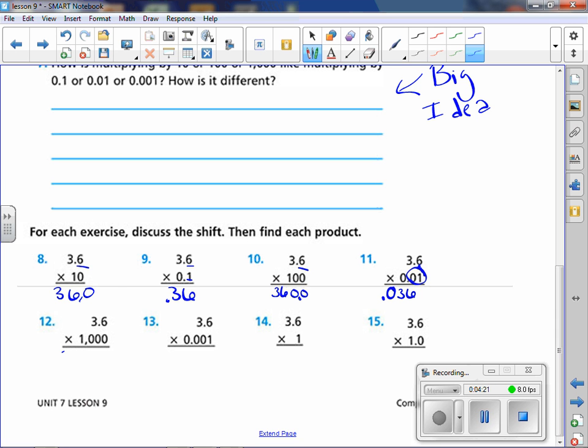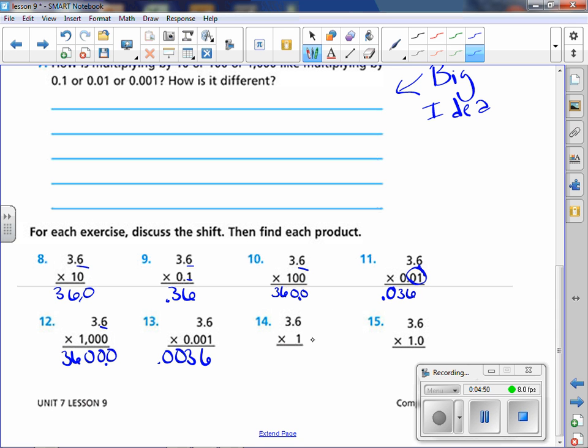I'm going to do 1,000 times 36. Again, I just like to ignore those decimals and not let them bother me and then go back. 1 digit behind the decimal in the factor, so 1 digit in the product. So there we go. Same thing, 36. Okay, and then I'm going to count them again. 3 here with that 1 and 1 here, so I need 4. Well, I only have 2. I have to add 2 more zeros and add that decimal place.